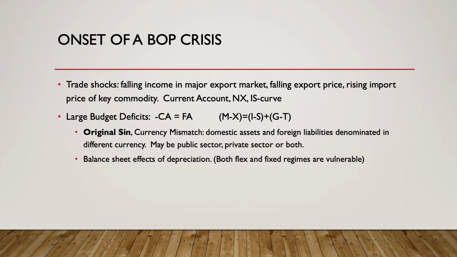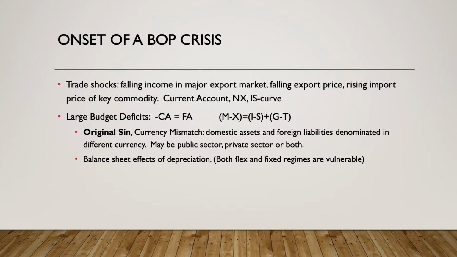In the terminology that we will be using in this class and using frequently, I want you to think of currency mismatch as being original sin, and that's what it's referred to in the literature. So when you see something about original sin, it's not about Adam and Eve in the Garden of Eden. It is about contracting loans in foreign currency, particularly the US dollar.